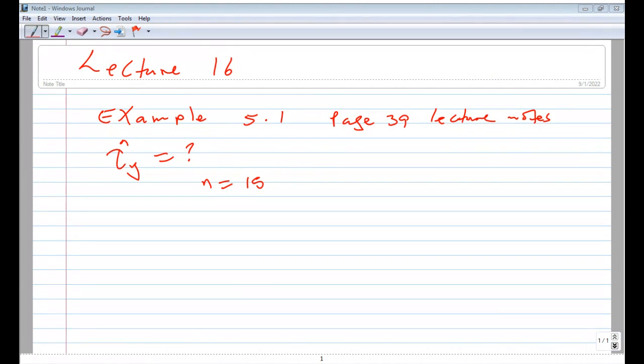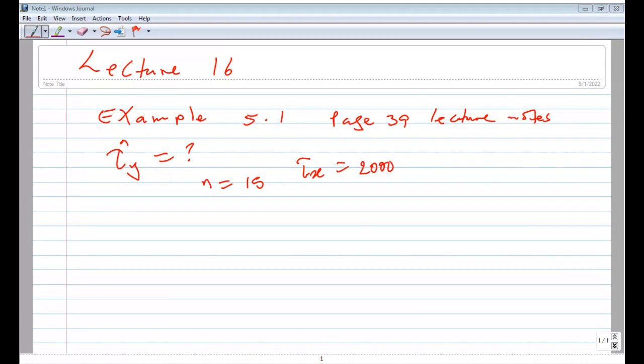So tau x is the total weight of orange, or you can call it the total weight of apples. The same thing anyway. They give us 2,000 pounds, which is tau x equal to 2000.